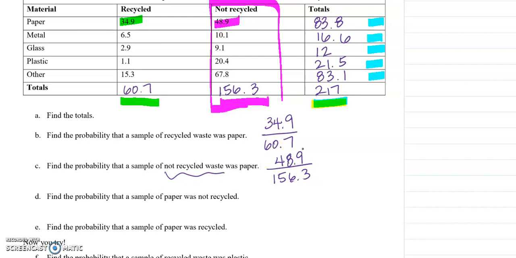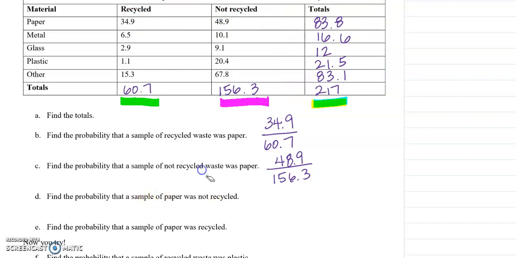Part D, find the probability that a sample of paper was not recycled. This time, you're looking at a sample of paper first. And you can look at this amount, because this is your paper amount, so that's 83.8 for our denominator, and then you want it to be not recycled, so that's 48.9.